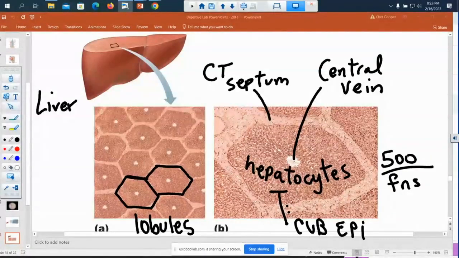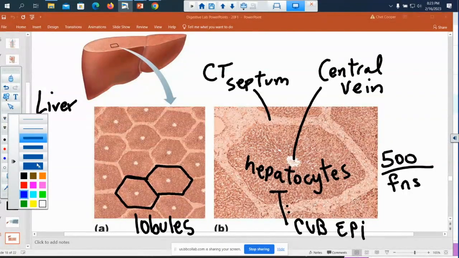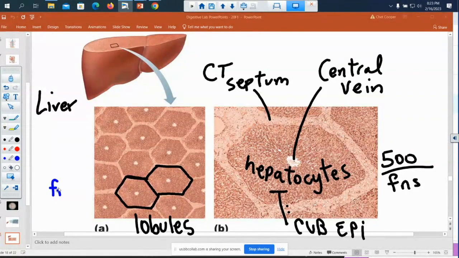So here, keep in mind, we know the liver makes what green chemical? Bile. And very important to also understand, the liver filters your blood. Not in the same way as the kidney, but it is a filter. And it also detoxifies the blood, okay?